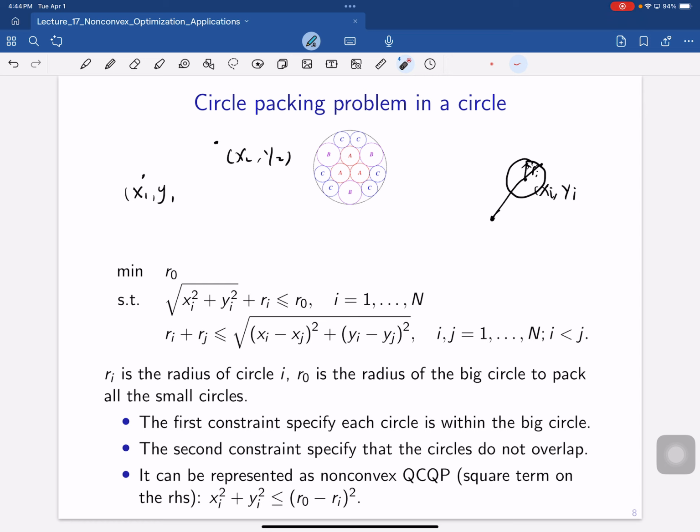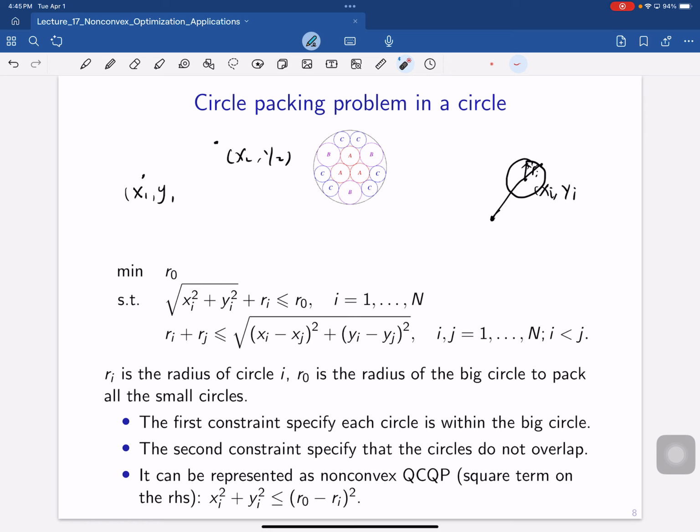Now, is this problem convex? It is not, right? Because you have some square root terms and so forth. But it can be represented as a non-convex QCQP. The reason we want to represent this as a QCQP is because there are some special tricks for solving QCQPs.